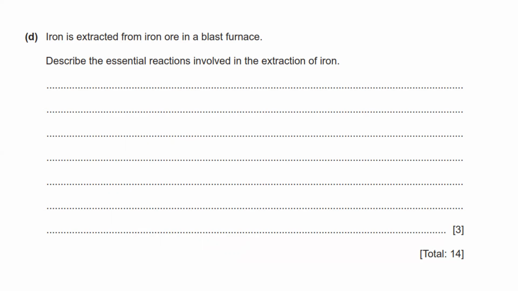So the key thing you have to remember over here is that the iron ore or the iron oxide, for example, it is Fe2O3, is actually reduced in the blast furnace. So it is reduced with the help of reducing agents, and those reducing agents are high temperature coke, or that not Coca-Cola, that is carbon. I'm talking about high temperature carbon.